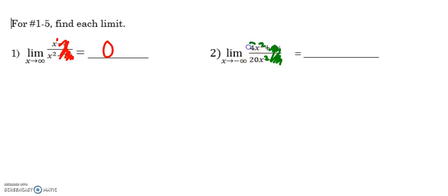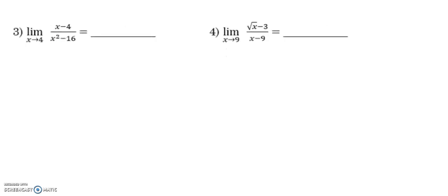So when things are even in heaviness or equal in degree, we look at those leading coefficients, which simplifies to 1/5. The last situation would have been top heavy, where the top one is racing faster, in which case you would do some division to figure out the end behavior of your resulting slant asymptote.